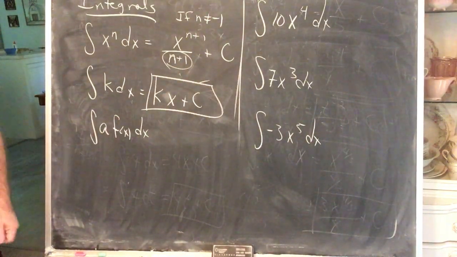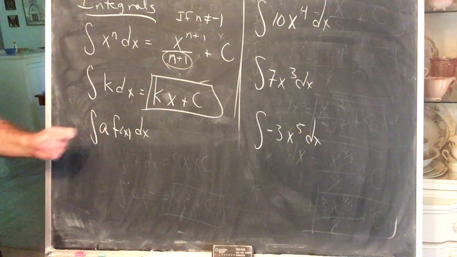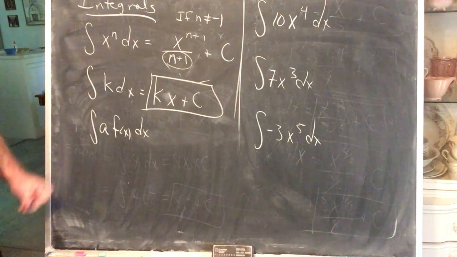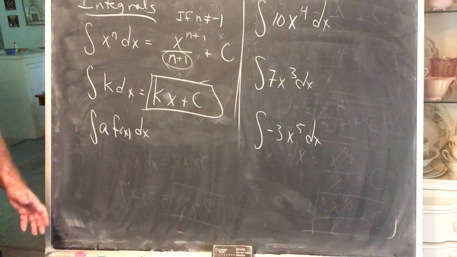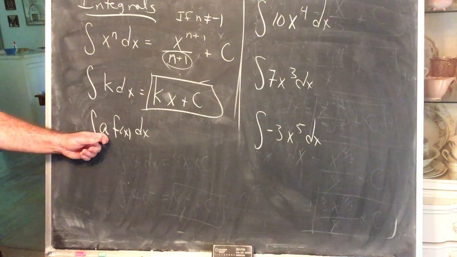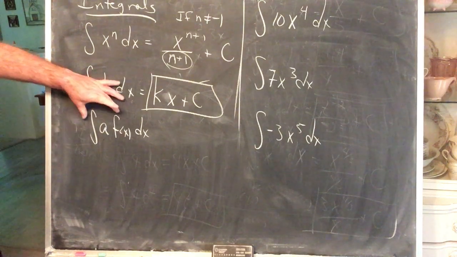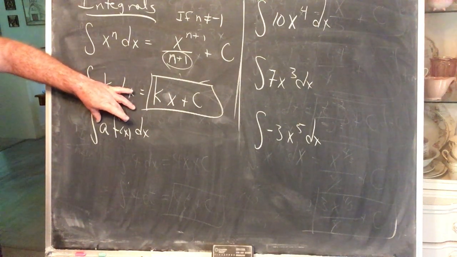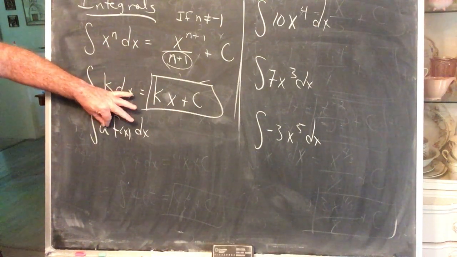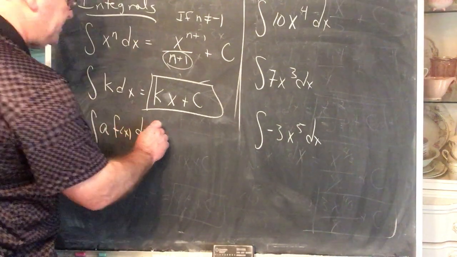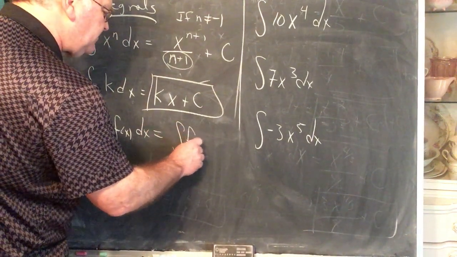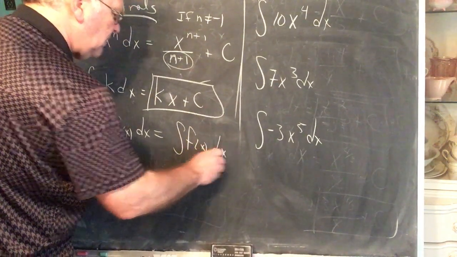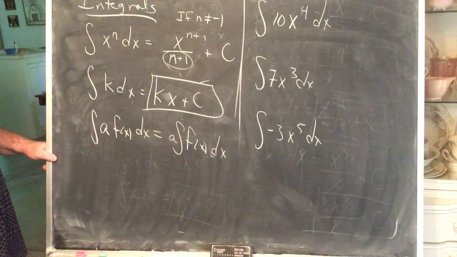What do constant multipliers do? Hopefully I've infected your mind enough that you're thinking, constant multipliers multiply along. You can almost hear the students themselves moaning it. The constant multipliers multiply along. Well, the same thing happens here. For the integral of a constant times a function, instead of multiplying first and then doing the integral, what this property says is this: you may first compute the integral and then multiply by the constant.